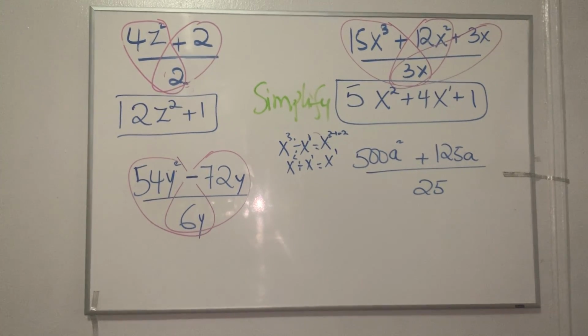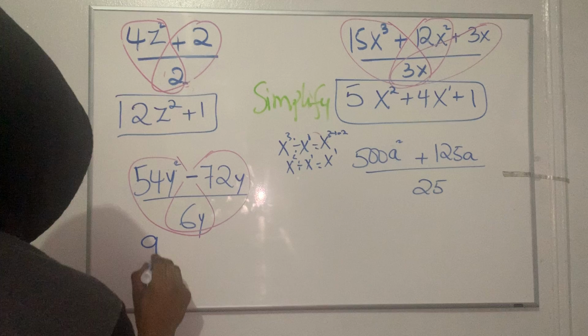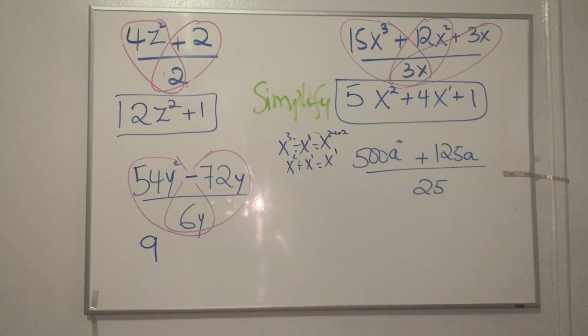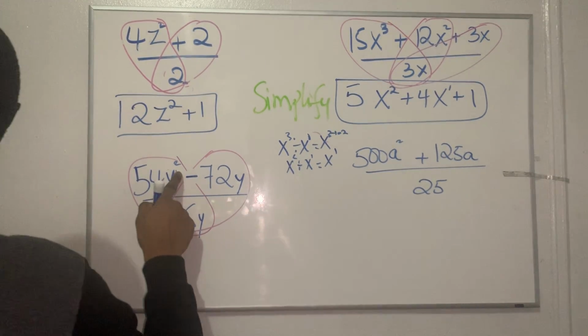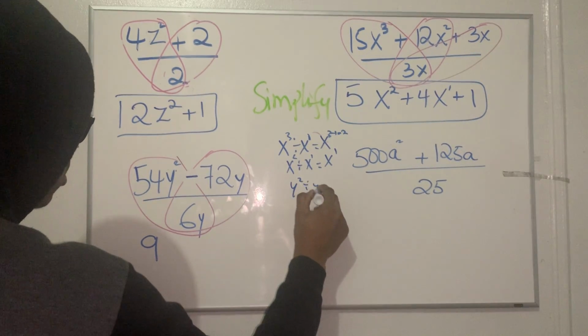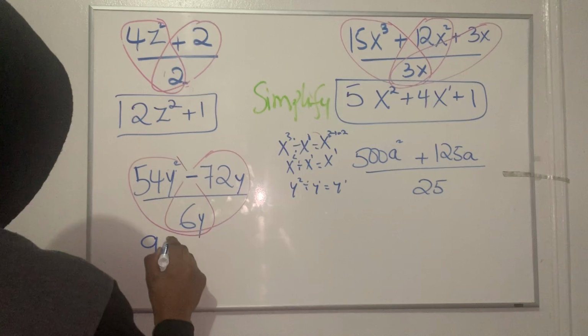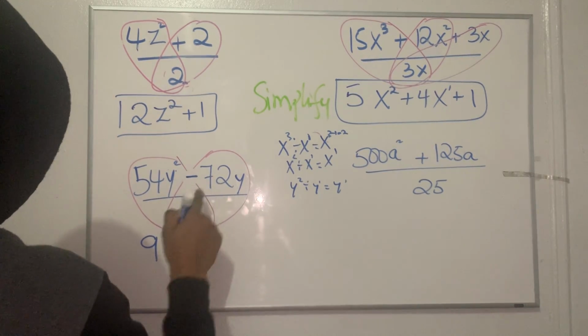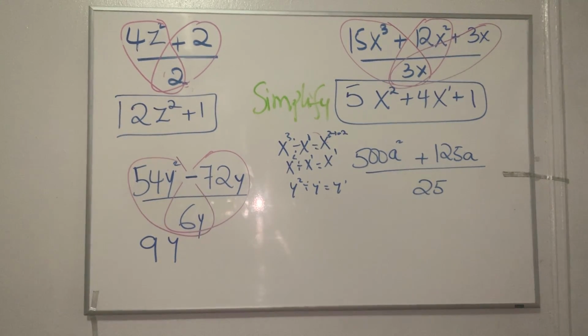So 54 divided by 6 is 9. y squared divided by y, the same thing that happened here, is y to the power 1. It's negative 72 divided by 6.